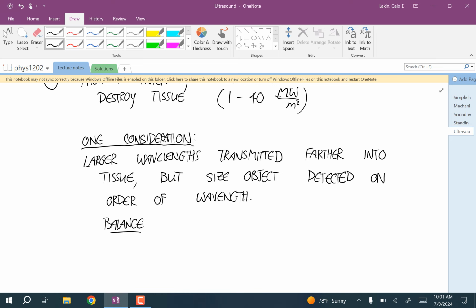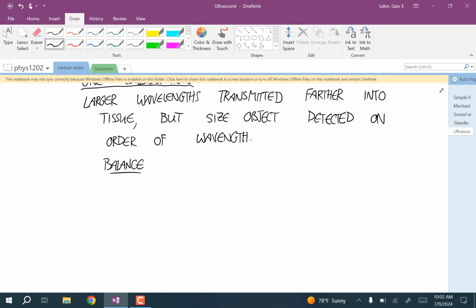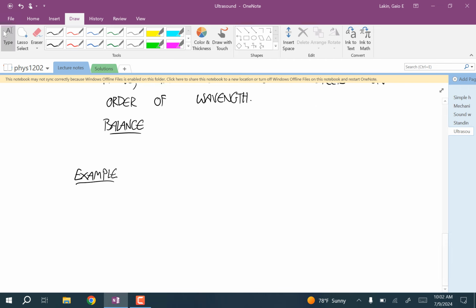Okay, the calculations we're going to do are all going to be based on things we've done before. So I'm just going to do a couple of similar example problems to what I'm going to ask you to do. And anytime that we're using wave speed on these problems, we're going to use 1,500 meters per second.